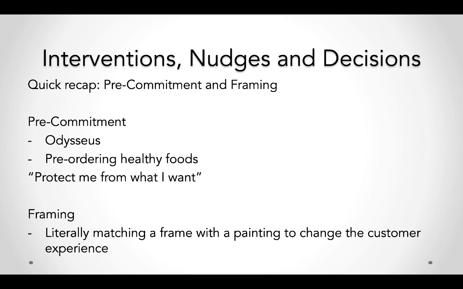Picture changing the frame from that old school type, ornate with a lot of wood and intricacies, to a very slim, modern, simple black frame. How would that change your perception of the painting?